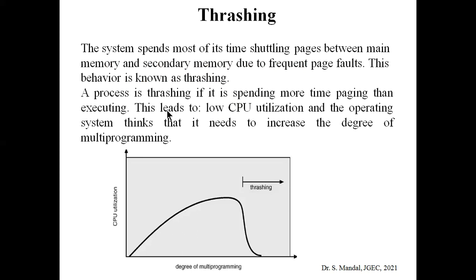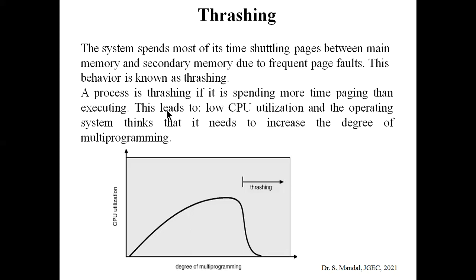Now, whenever we are doing page replacement, we need to load the particular pages from the secondary location into the main memory. So if we do it frequently, what will happen? After some time, more time will be taken to swap pages in and out of main memory.